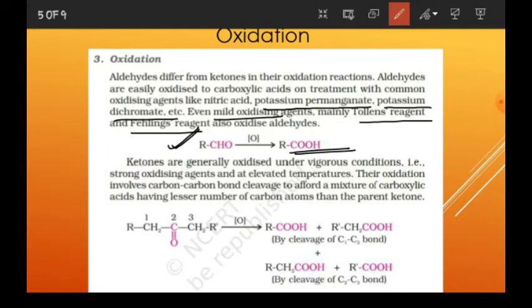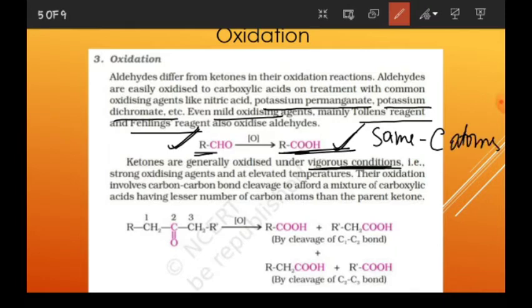But ketones are not easily oxidized. Ketones are generally oxidized under vigorous conditions, that is strong oxidizing agents and elevated temperatures. First, let us consider the aldehydes. The number of carbon atoms in the aldehyde and in the acid is the same. You need to remember that when aldehydes are oxidized, we get an acid with the same number of carbon atoms.